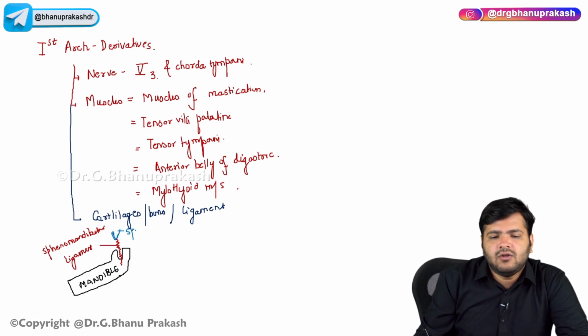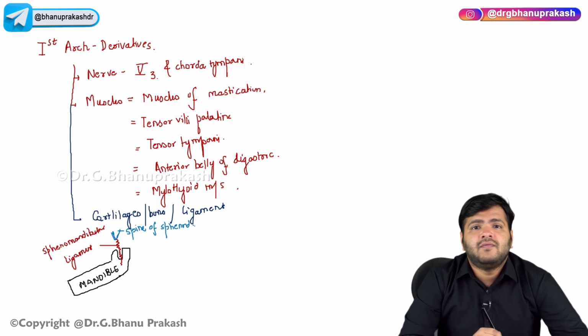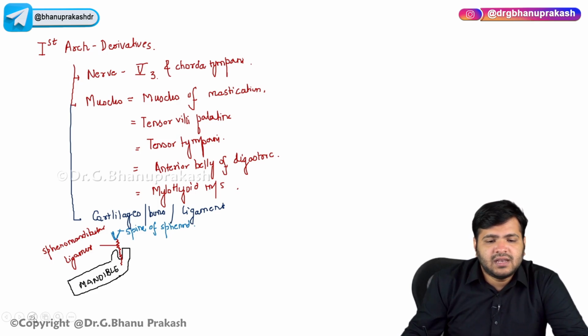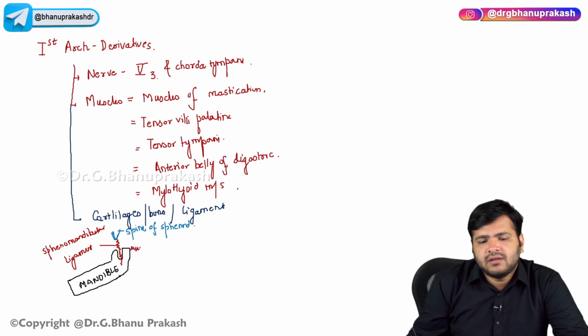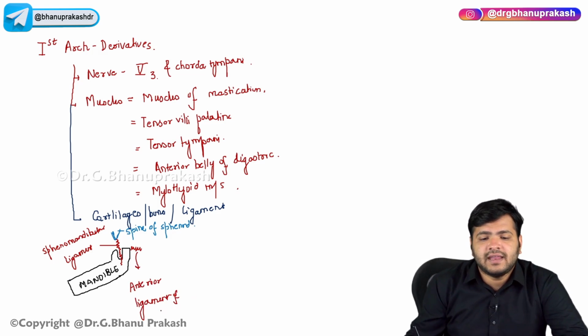That is the spine of the sphenoid. Then we have a ligament coming from the mandible, and this ligament is called the anterior ligament of the malleus.